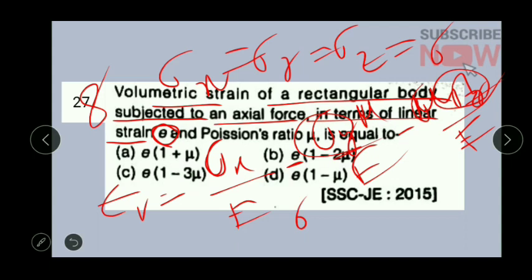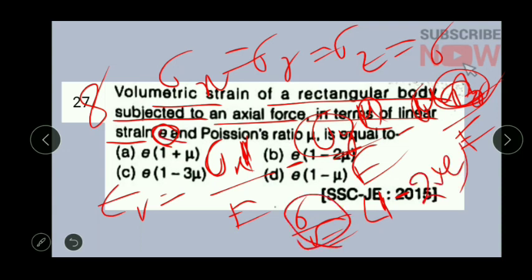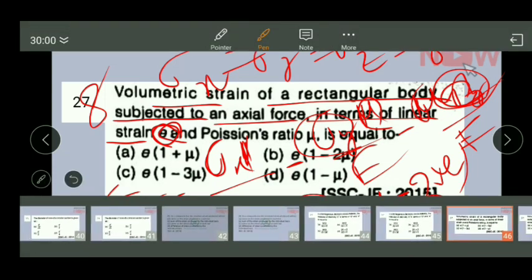we can take sigma divided by E as common. So I can write 1 minus mu minus mu, so we can write 2 mu over here, and sigma by E we can write as e over here.